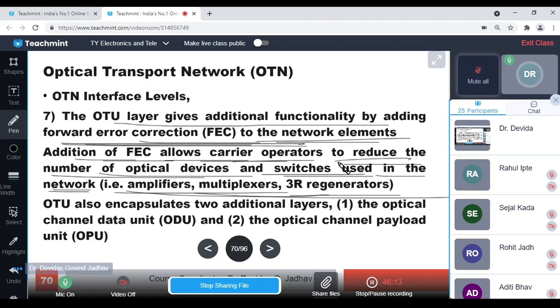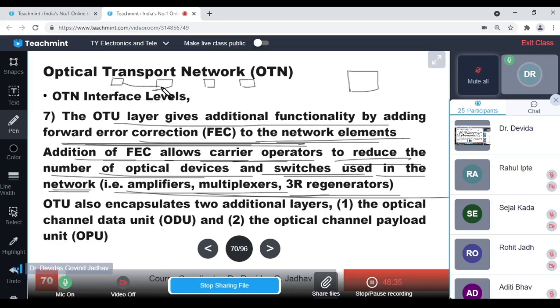If an error is possible at some node, then to avoid the error, we place multiple amplifiers to sufficiently boost the signal so that noise and errors will not be introduced.